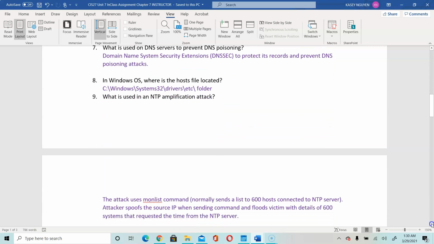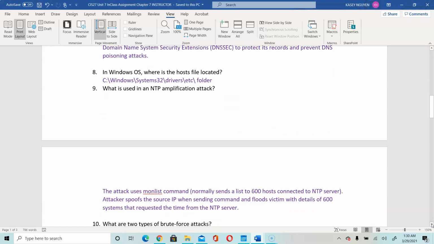For question 9, it asks what is used in the NTP amplification attack. The attack uses the monlist command, which sends a list of 600 hosts that are connected to the NTP server. The attacker spoofs the source IP when sending the command and floods the victim with the details of 600 systems that requested the time of the NTP server.